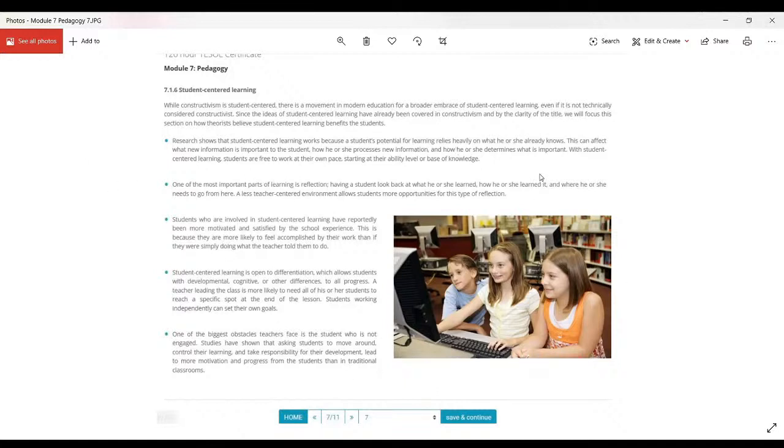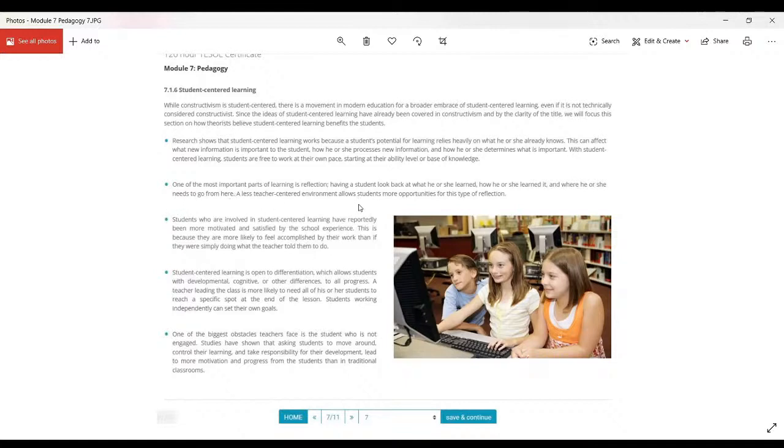It says here that students' potential for learning relies heavily on what he or she already knows. That is what the research shows. Next, one of the most important parts of learning is reflection.